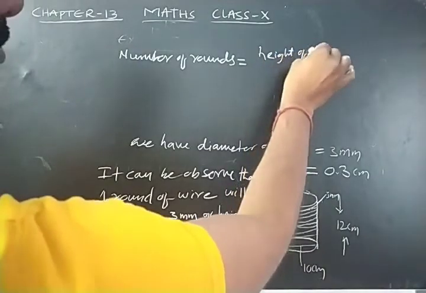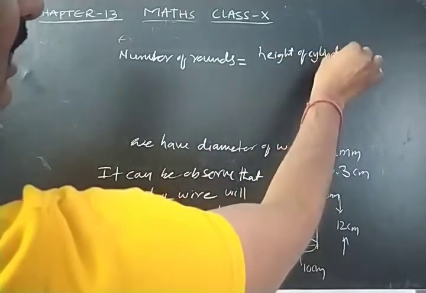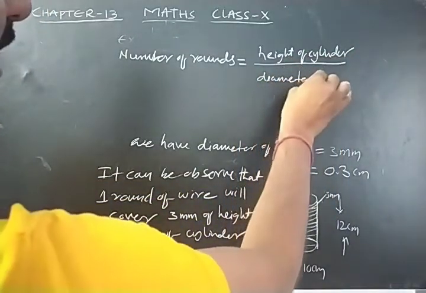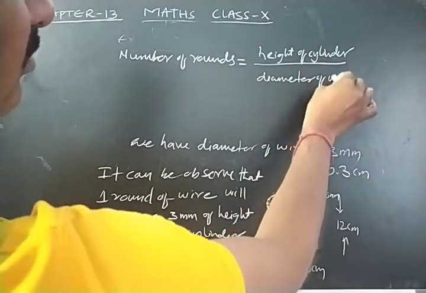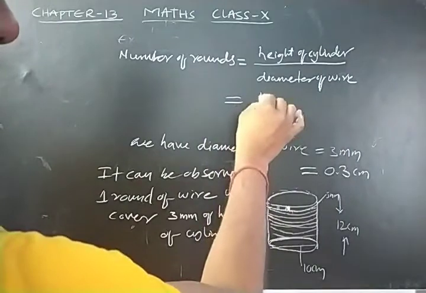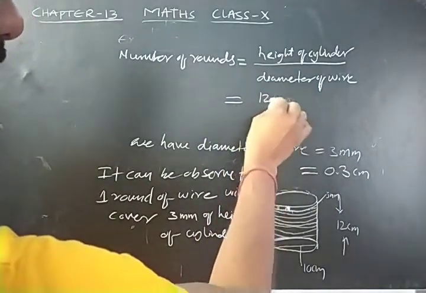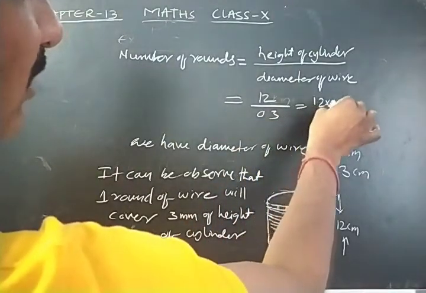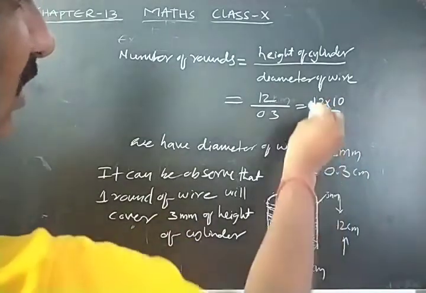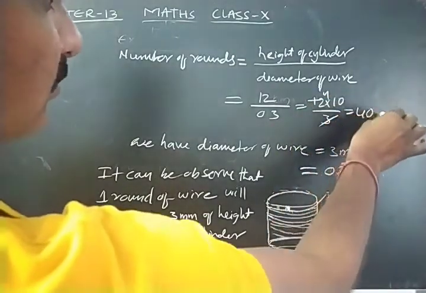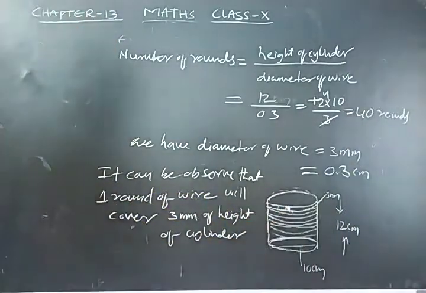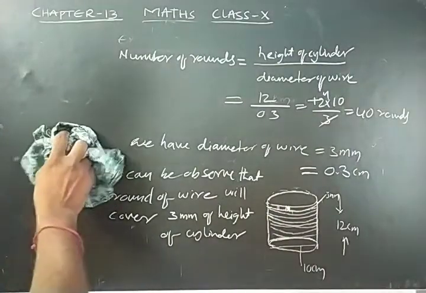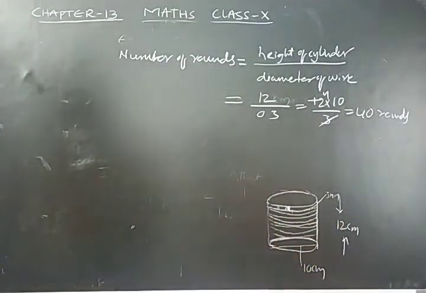Height of the cylinder is 12 centimeters and the diameter in centimeters is 0.3. That is equal to 12 into 10 by 3. 3 4s are 12, so 40 rounds. So we can use 40 rounds. For 40 rounds we can wind the wire about the cylinder. Okay, we got 40 rounds.